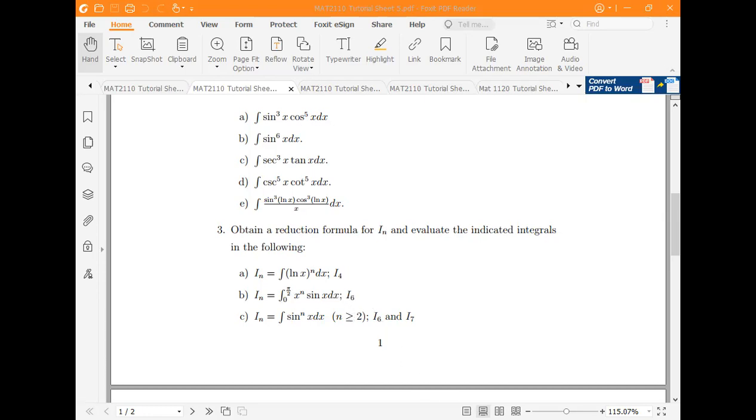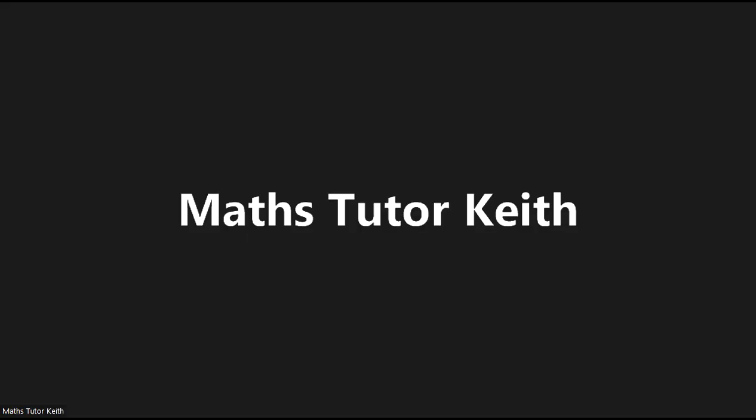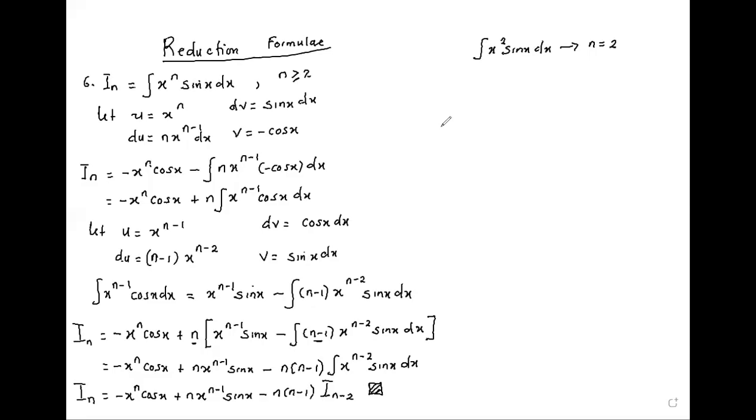So we do from 0 to pi over 2. We're now saying we want to do I_n from 0 to pi over 2. So where there is x, we're taking 0 and pi over 2.